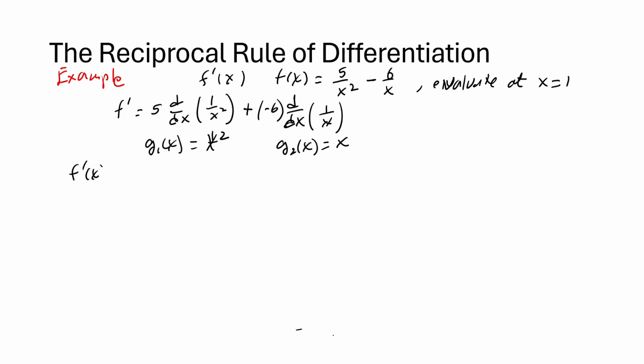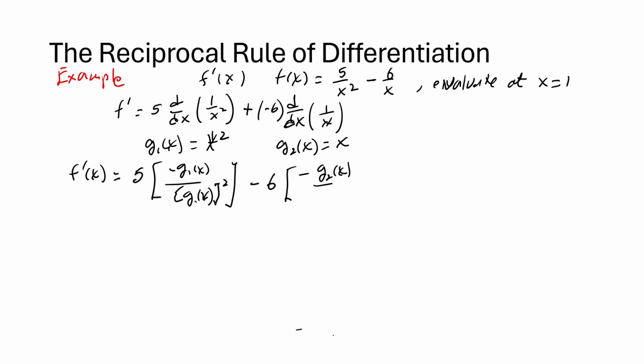So f prime of x: taking out our 5, take the derivative per the reciprocal rule, so that's minus g1 prime of x divided by g1 of x quantity squared. And then we take out our minus 6 out front, and that's minus g2 prime of x divided by g2 of x quantity squared. So the derivative of g1 was 2x.